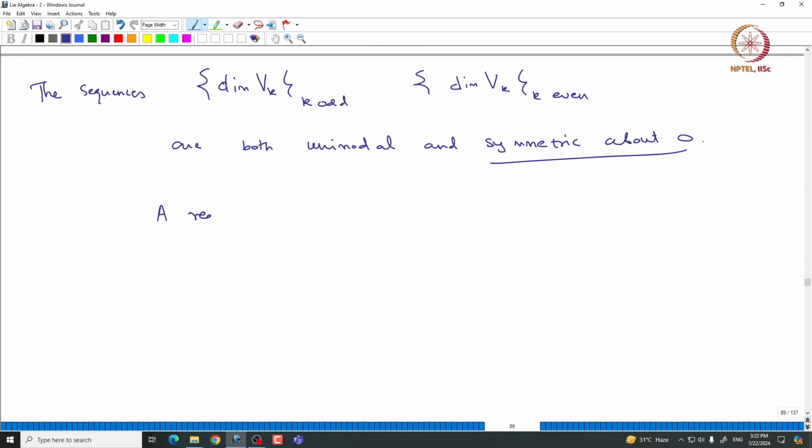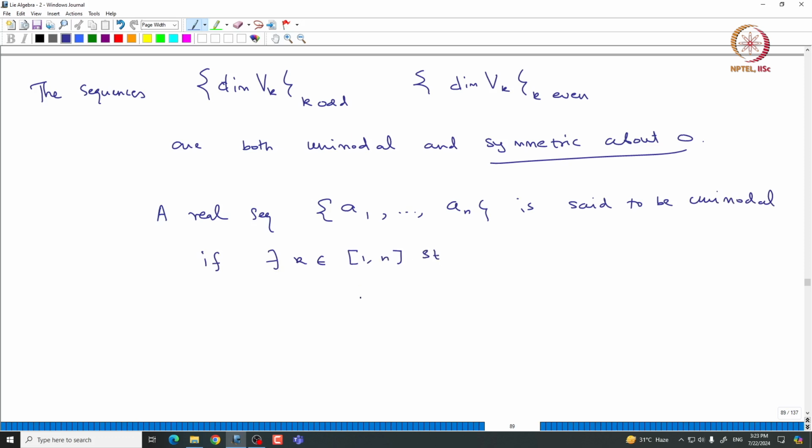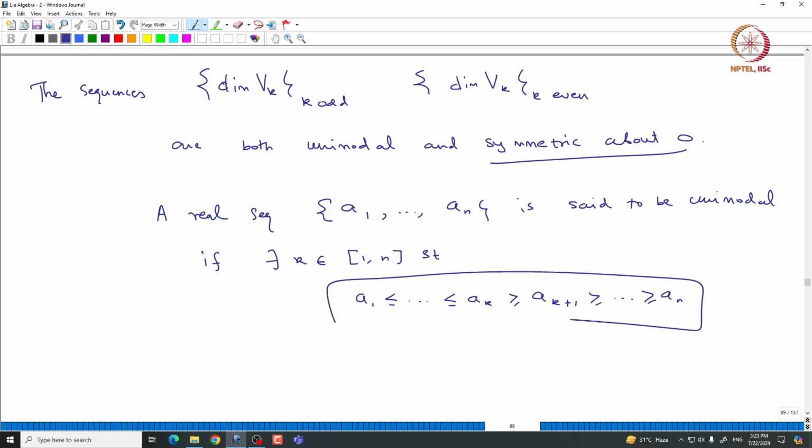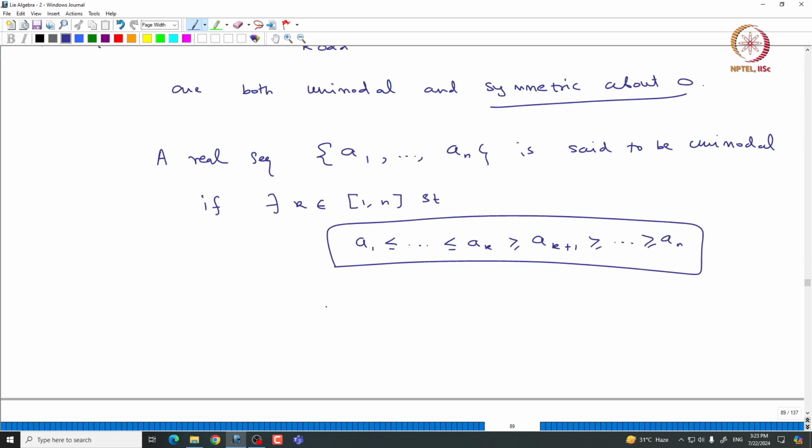A real sequence, let us say A1 etcetera An, is said to be unimodal if there exists k, of course between 1 and n, such that up to that k it increases and then after that it starts decreasing. If you have a sequence satisfying this property, then you call that sequence unimodal.